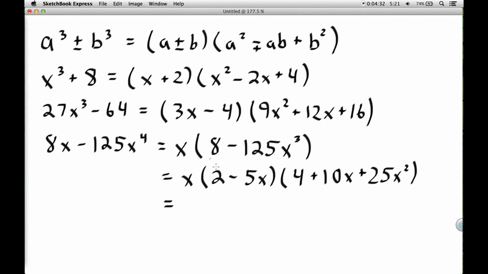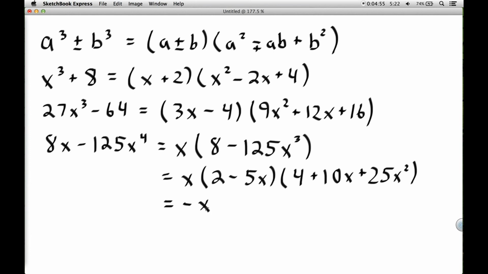It also usually looks neater if the negatives are not right after the parentheses. So what we're going to do is factor out a negative from this whole term, so that 2 minus 5x, or negative 5x plus 2, will switch to 5x minus 2. The negative will go in front of the whole thing, since everything is just being multiplied together. It doesn't matter where it goes. So we'll put it in front of the whole thing.